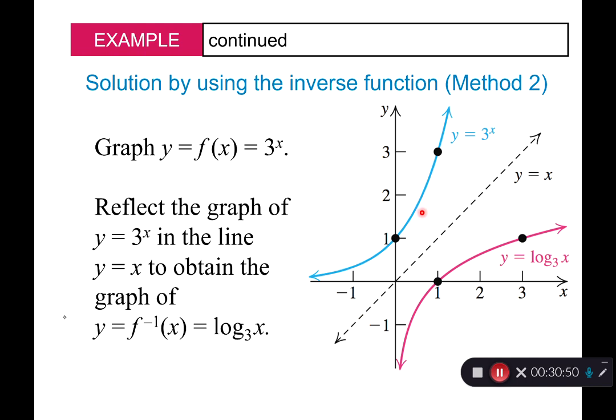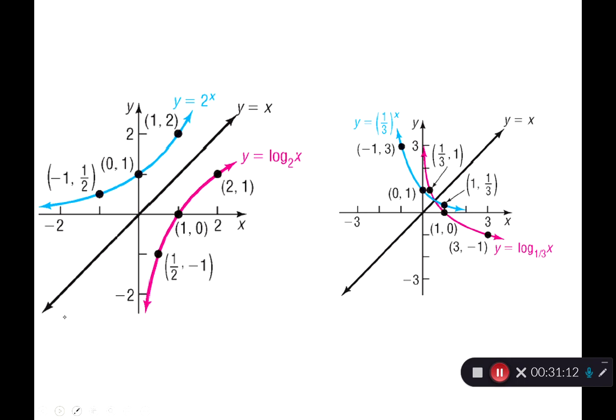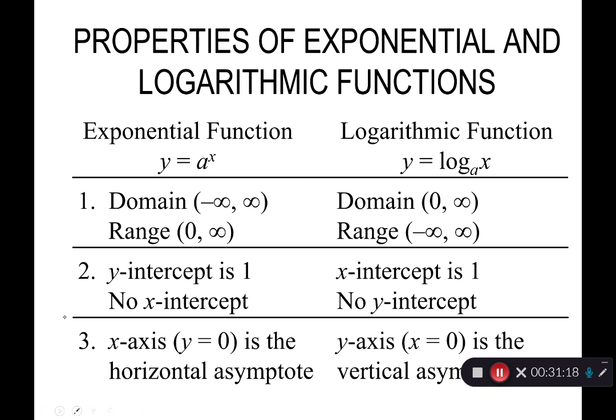So if you knew where the exponential function would be, and you were able to reflect across the line y equals x, that would be something you could do. I find that students find this fairly difficult. So there's another one: 2 to the x and the log base 2 of x. And there is yet another one. Like I said, difficult to do.